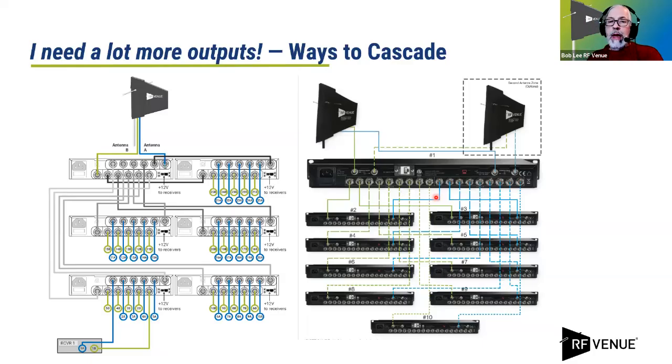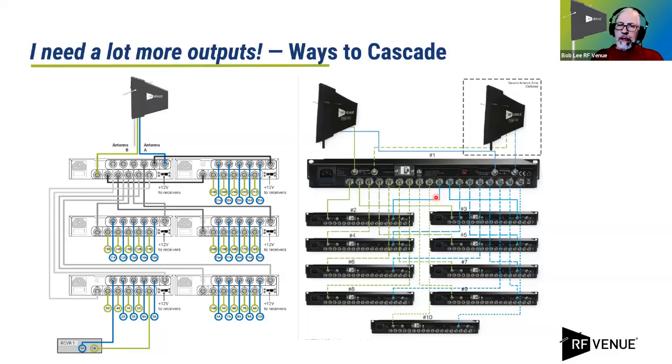Now, I'll say one caveat is that we recommend don't go beyond one level of cascading. Okay, so you can put your antennas into the primary distro, then come out and go into a bunch of secondary distros if you need, but try to keep it to one level of cascading.